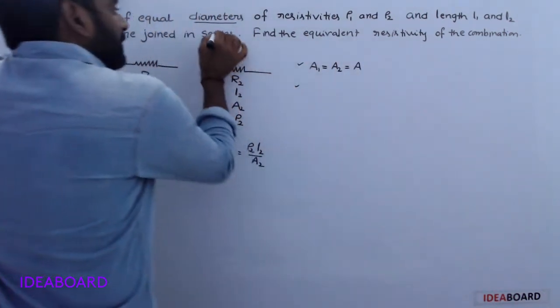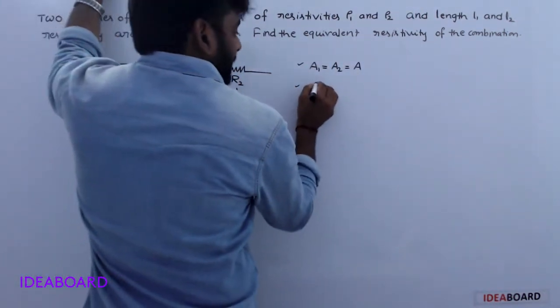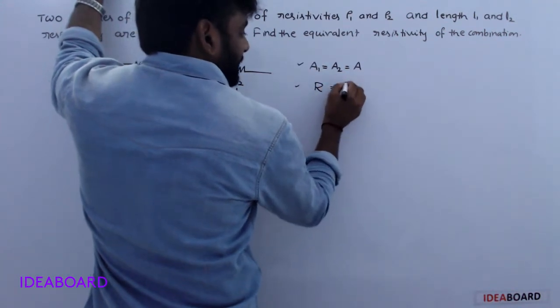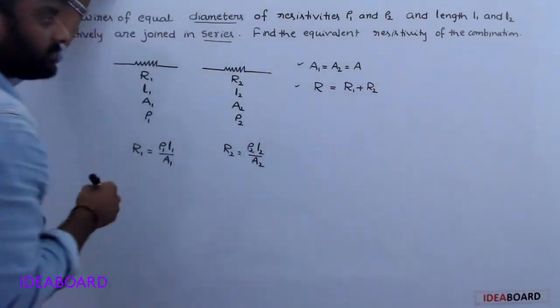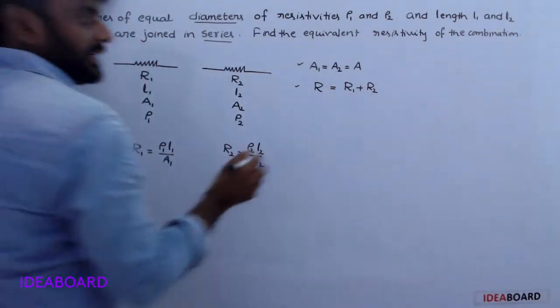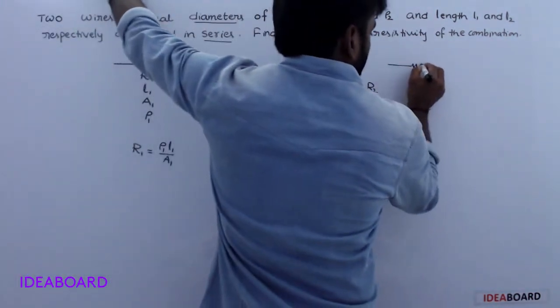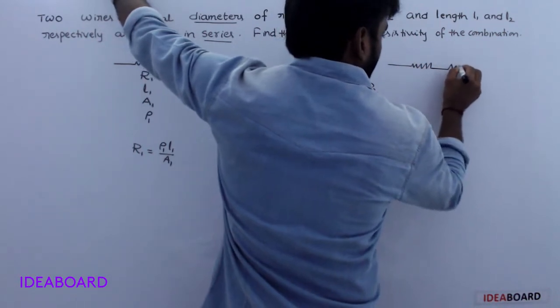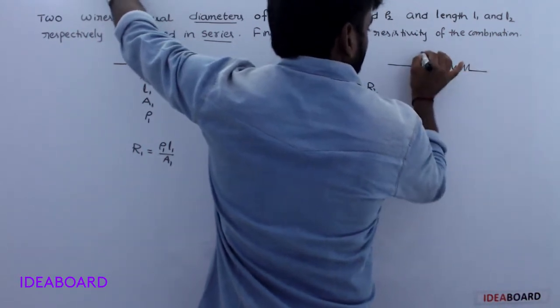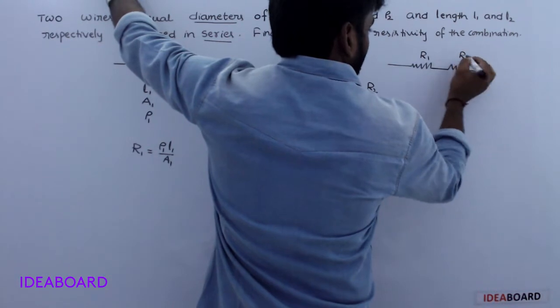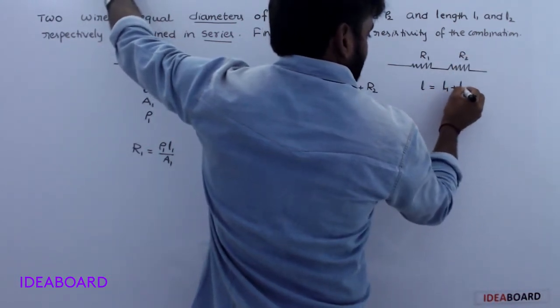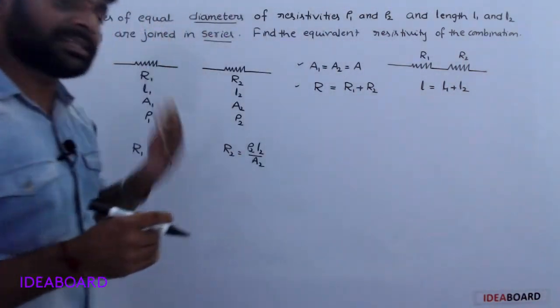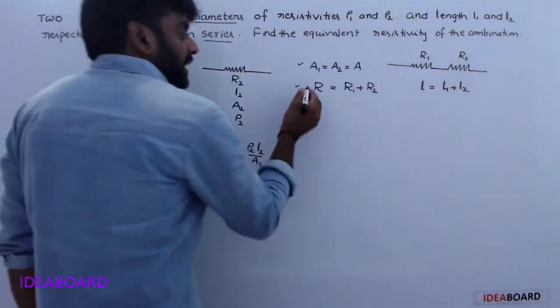The combination is series. In a series combination, effective resistance is equal to R1 plus R2. These two are added in series. Now the total length is L1 plus L2.